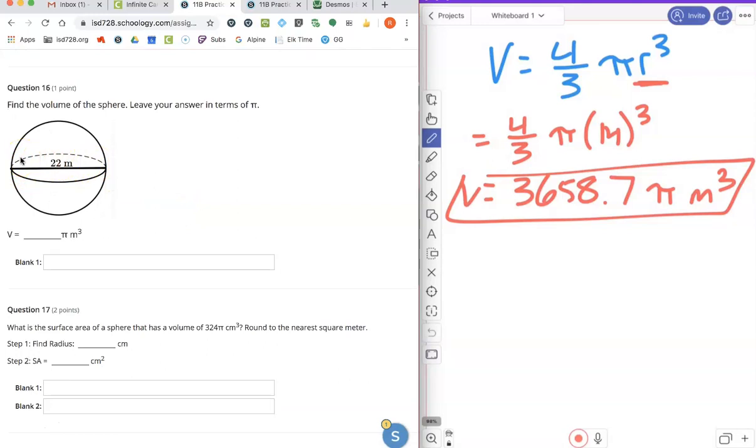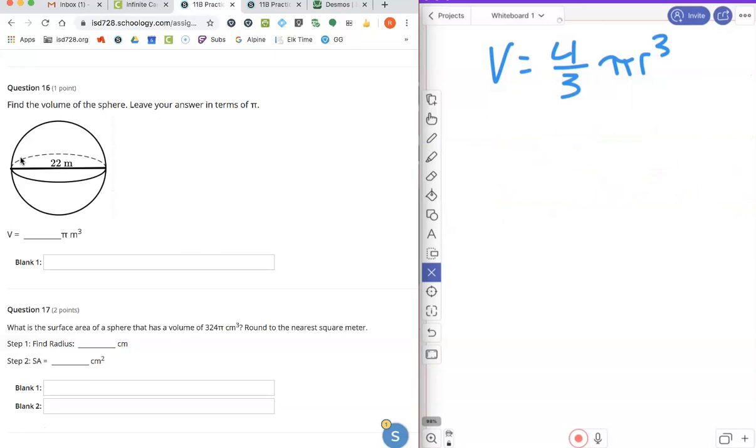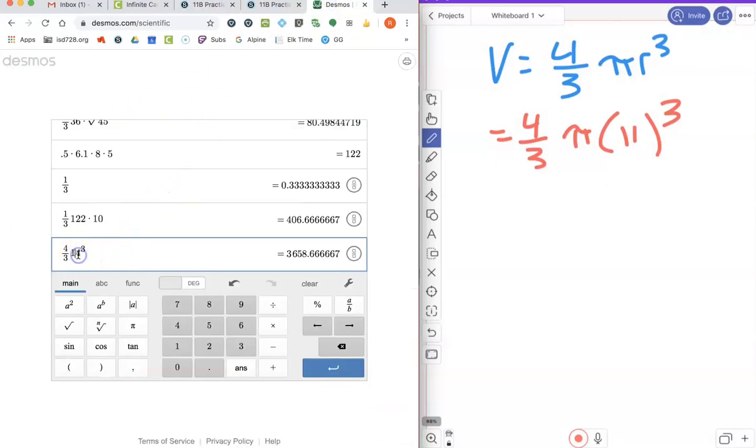For the volume of this sphere, they gave us the diameter, so we've got to be careful about that. But like I said, the only thing that's going to change about this formula is r. So 4/3 and pi are going to be the same every time. What's getting cubed this time is not 22, it's 11, because the diameter is 22, which means the radius is 11. So we're going to go to the calculator. I'm just going to change the 14 into an 11.